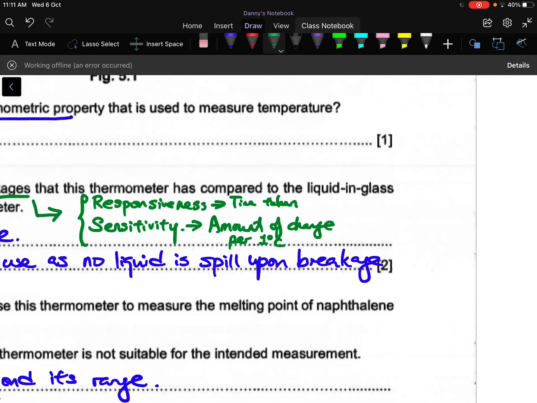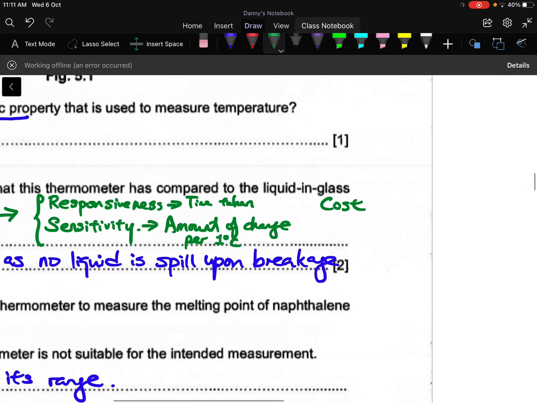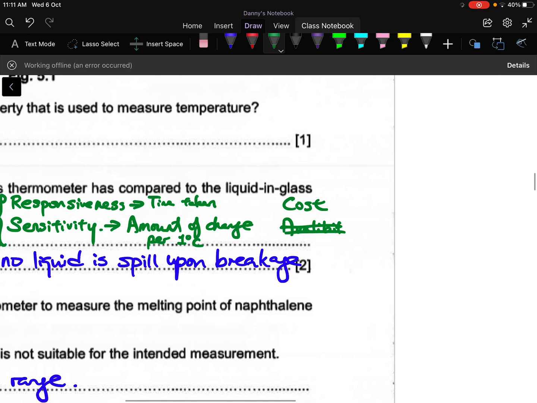Okay. There are other things like cost. So for this case, the cost not really obvious because actually mercury thermometer is also quite cheap. You can also talk about availability. So both are as available as possible. The other one you can talk about is your range. So most mercury thermometer is limited by range because mercury can freeze, mercury can boil, similarly to your alcohol thermometer.